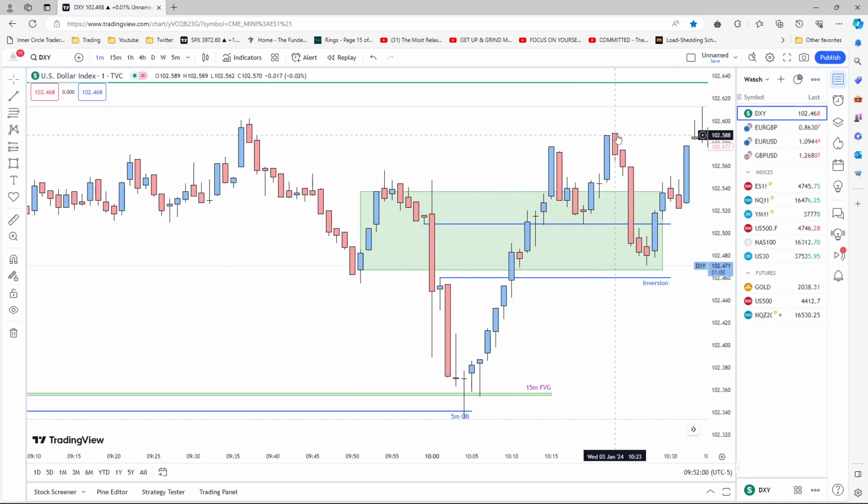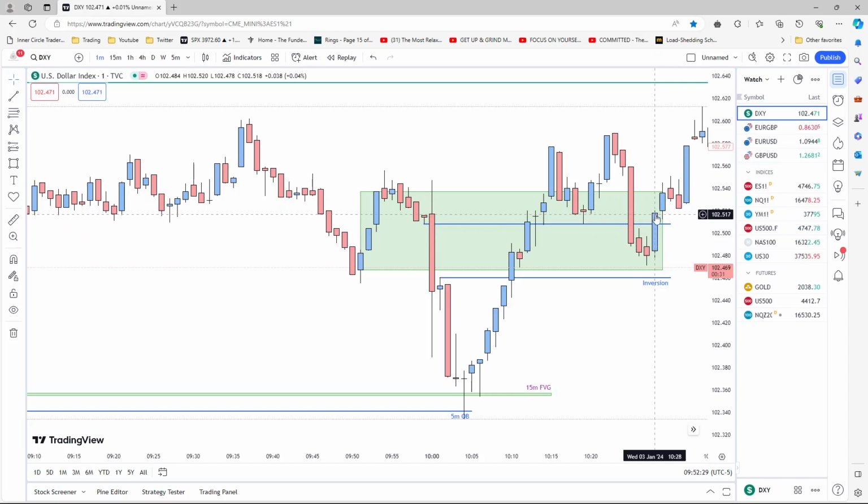Traded back up. One last time, cleared these equal lows. Came into this order block. Came into the breaker block. Consequent encroachment of the inversion level. Boop, boop, boom. Beautiful reaction out of the level.